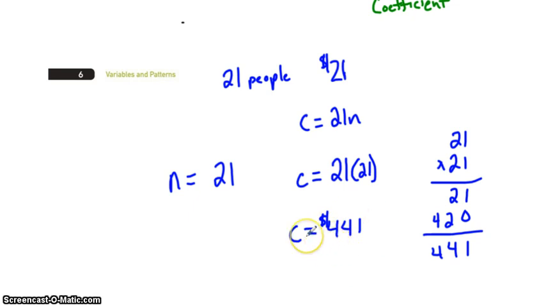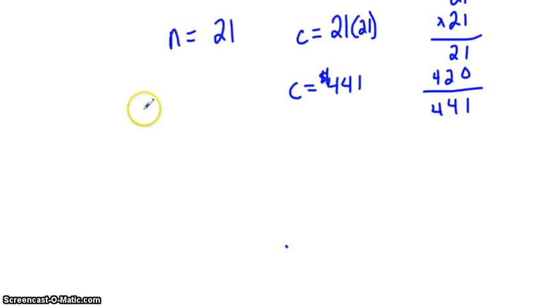Now, if we want to go the opposite direction and say that I know my cost equals $210, and I want to know what n equals, then I would work backwards. This would be one of those cases where I would want to use fact families or use division to solve the multiplication.